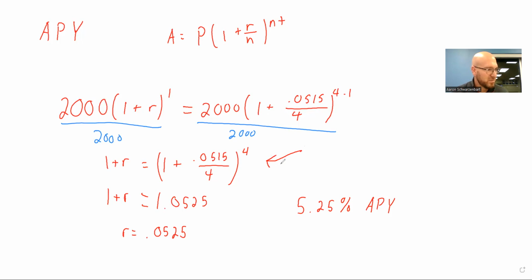So we're going to compare APYs on a couple of different accounts. I have which investment is more attractive, one that pays 8.75 compounded quarterly, or the one that pays 8.7 compounded monthly. Okay.